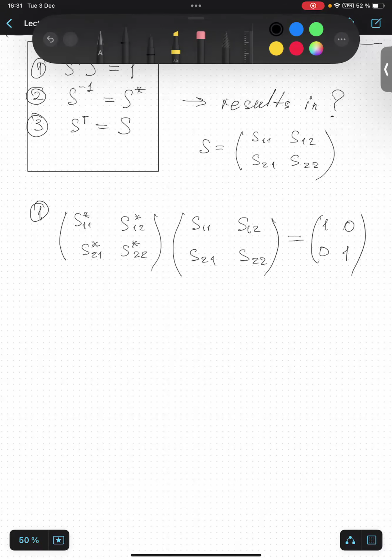So what can we write from it? We can write S11 squared plus S21 equal to 1.